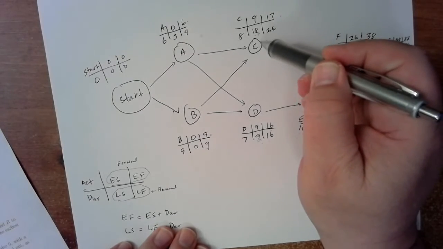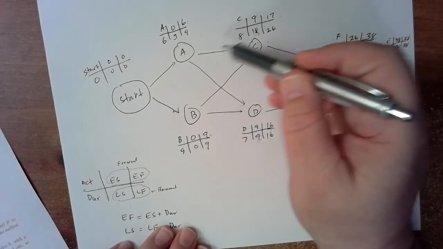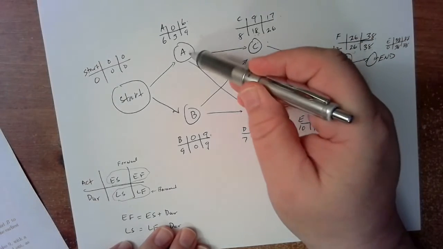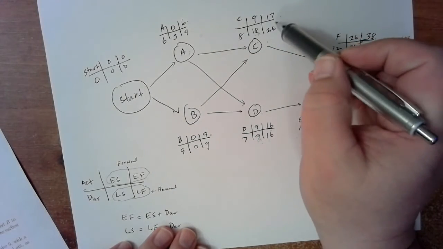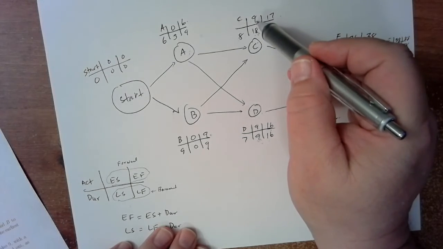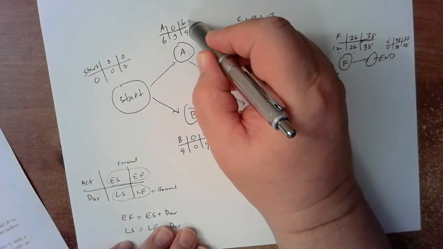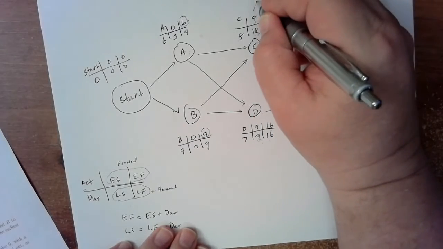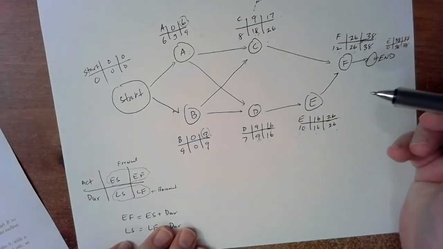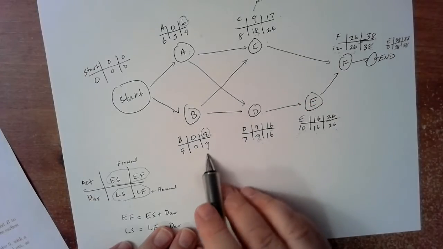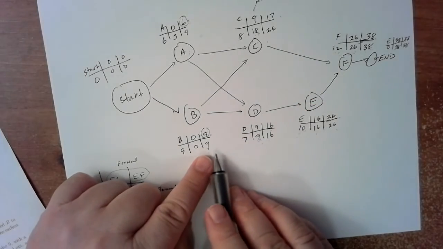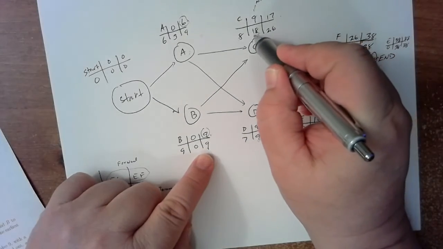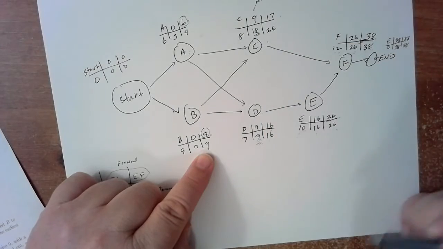If a node like this has two predecessors, like A and B, then remember how we got the 9 here? We took the maximum of these two values, and the maximum went there. That was the max. But then when we were going backwards, where did this 9 come from? This 9 came from taking the minimum of those two.